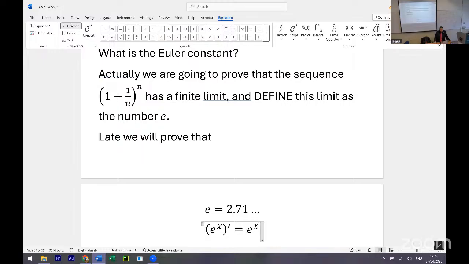But he didn't come up with it, Newton and Leibniz came up with it, because they did derivatives. And they actually named the number with a different letter, and later came Euler and it was changed to e.